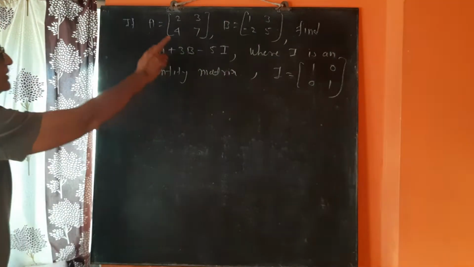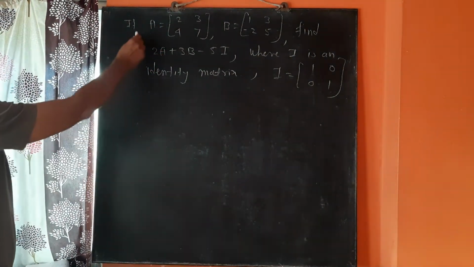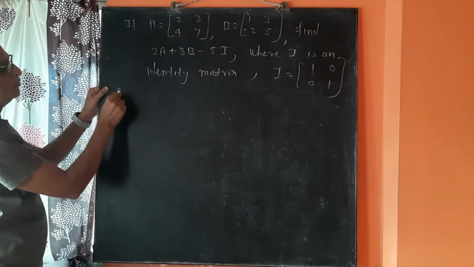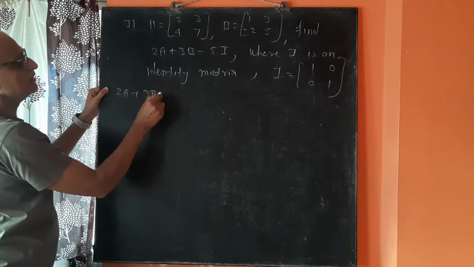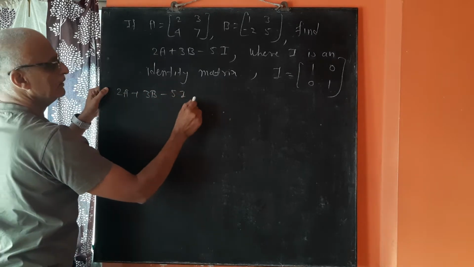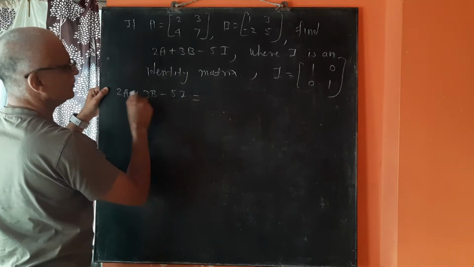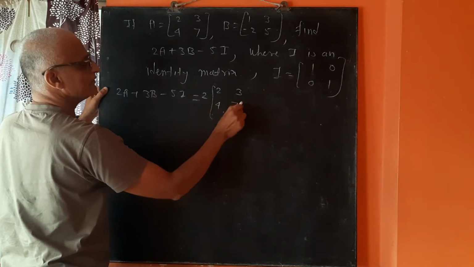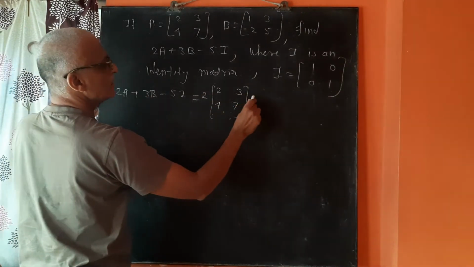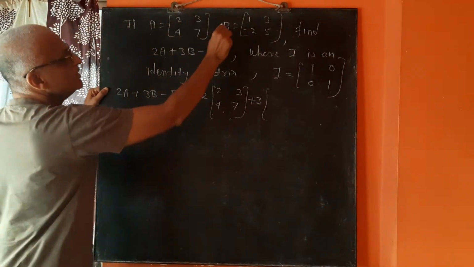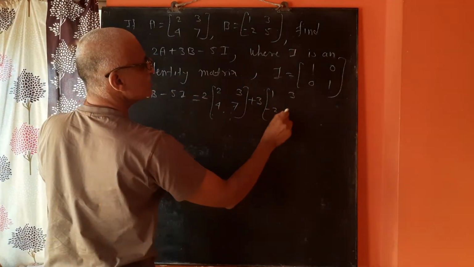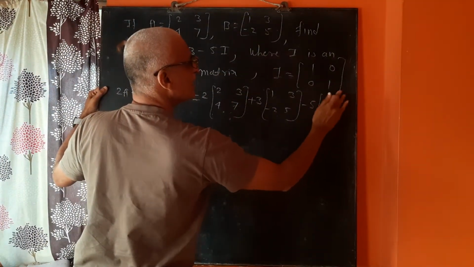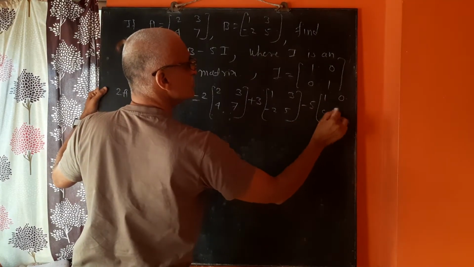So let us find out that matrix 2A plus 3B minus 5I is equals to 2 into matrix A, which is 2 3 4 7, plus 3 into matrix B, which is 1 3 minus 2 5, minus 5 into I. What is I? I is 1 0 0 1.